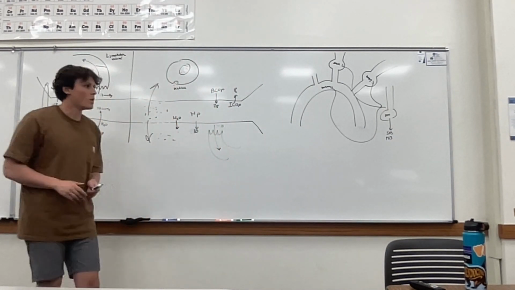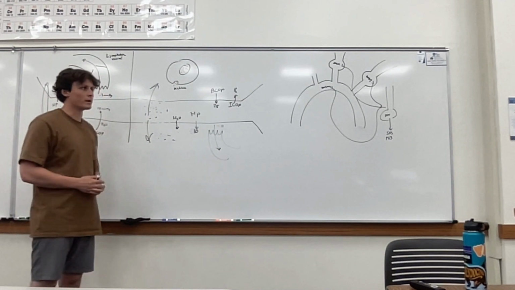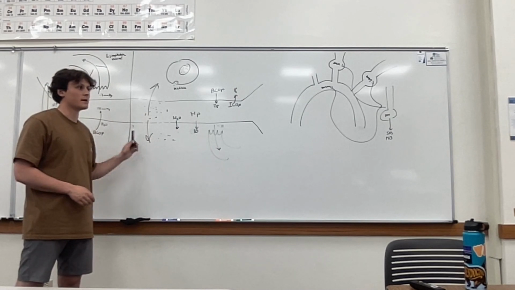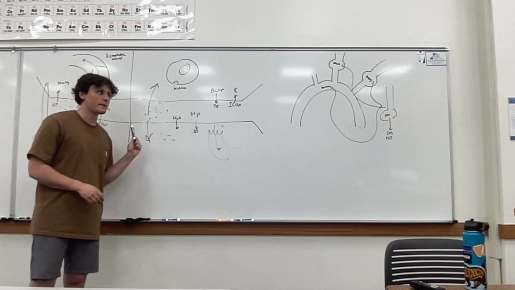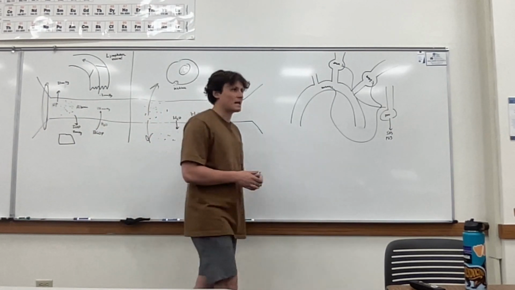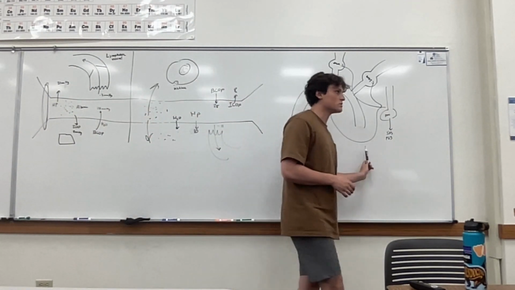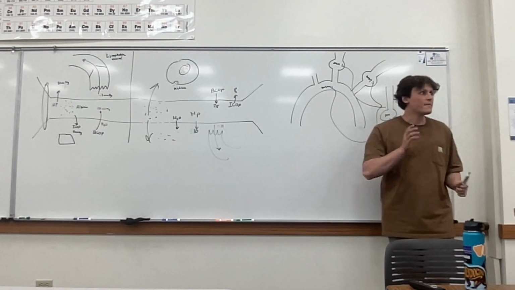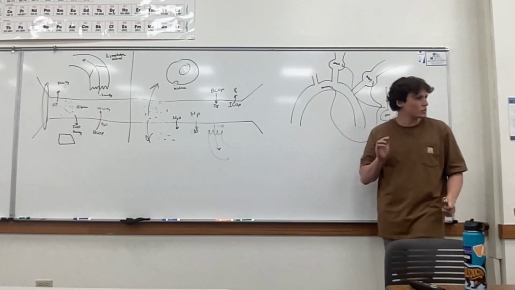Now, there are two things that I want to talk about really quick. Myogenic autoregulation and metabolic autoregulation. Myogenic autoregulation is kind of something like the baroreceptors. You have smooth muscles, and they contract when you stretch them.